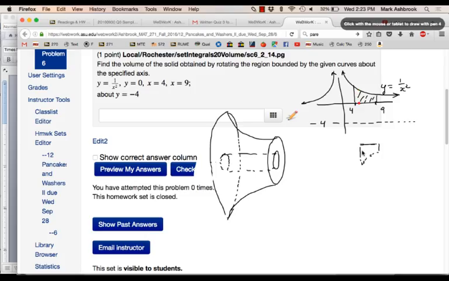So if you were to do shells with this, you'd have two different typical shells, right? The one that goes from 4 to 9, first of all, and then the one that goes from 4 to the curve as they move their way out. So definitely to your advantage here to use washers and do your vertical strip. So we'll do a vertical strip here.